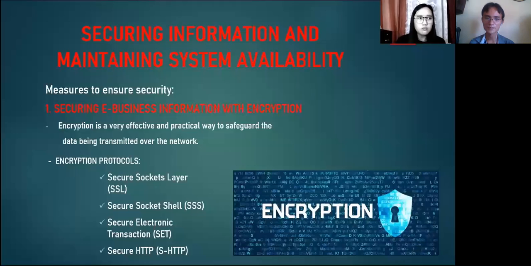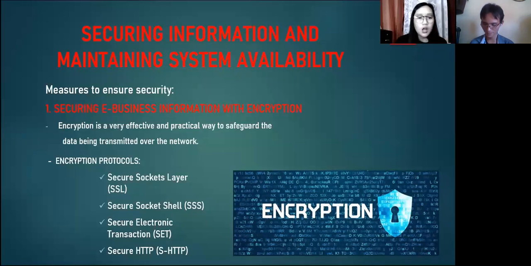It is very essential to a transaction that takes place over the internet, and customers will lose their faith in e-business if its security is compromised. So one of the measures to ensure security is securing e-business information with encryption.